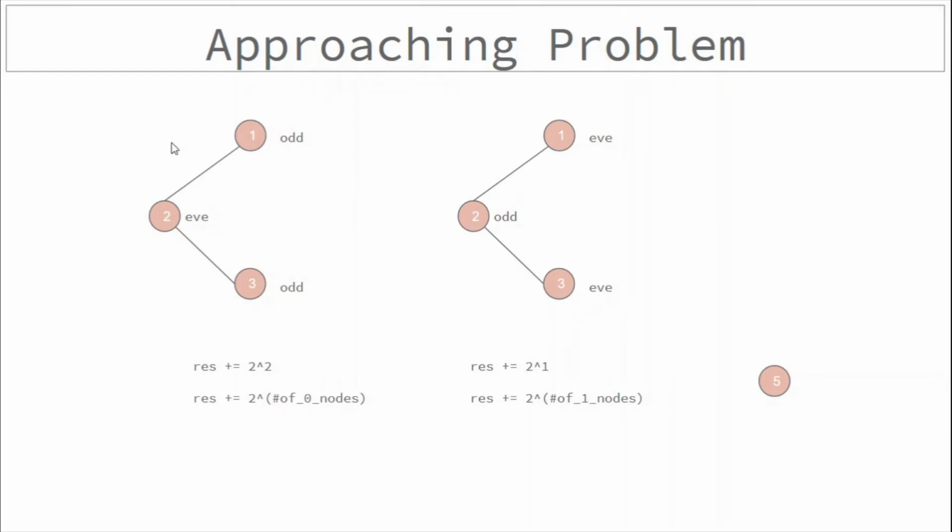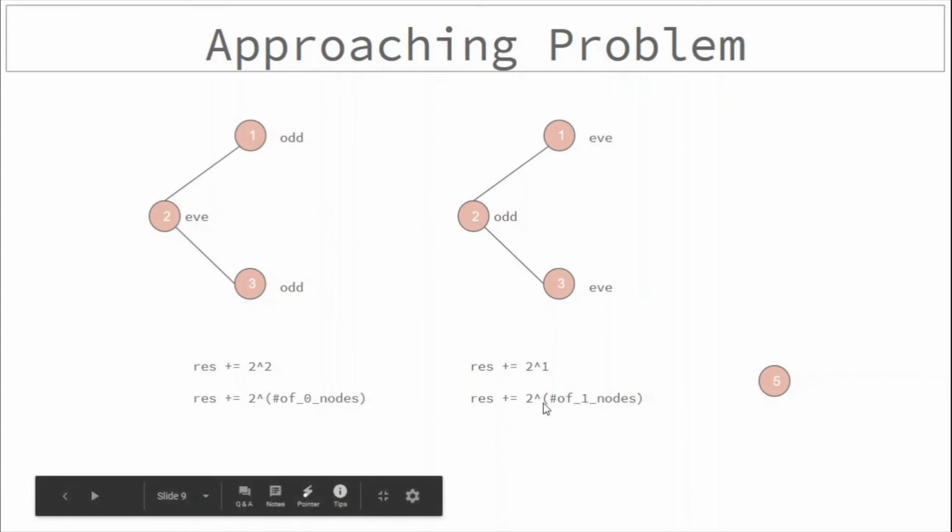So the total number of ways to fill this connected component is 2 raised to power number of 0 nodes plus 2 raised to power number of 1 nodes, and after calculating this we have to multiply the result with this. So there is no addition in here.